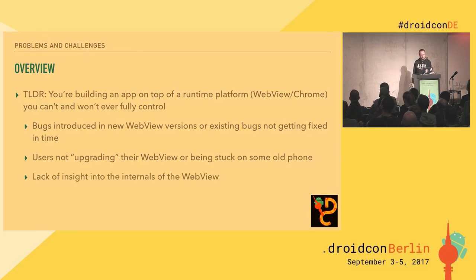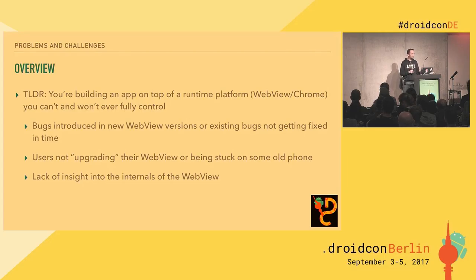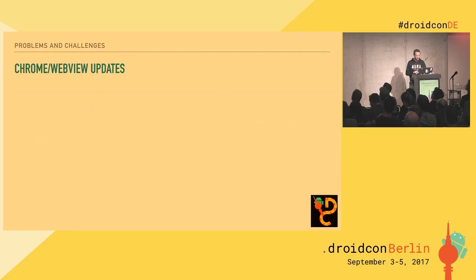You'll suffer from a lack of insight into what happens in the web view, so you might run into error messages where you have no idea what exactly they are and how to even find out what they are. And you might run into performance issues compared to a native app. And if I haven't totally turned you off even trying that, let's have a look into some details.